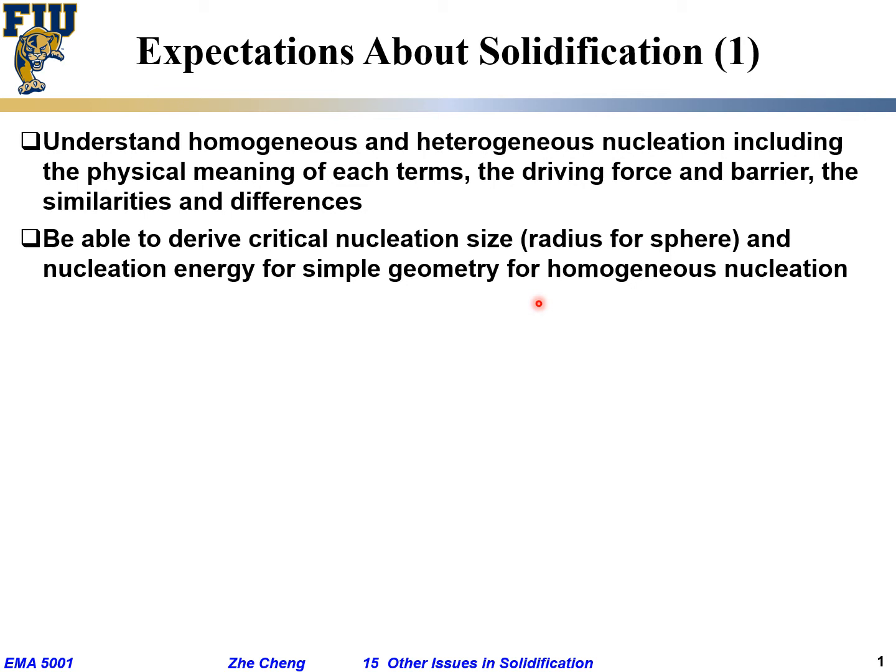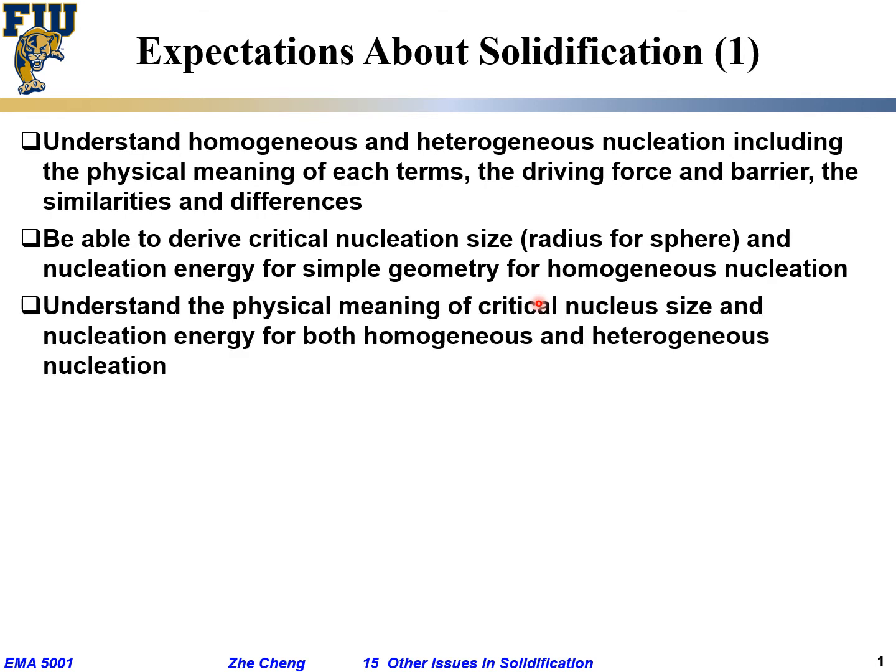You take the first derivative of the free energy change with respect to the critical dimension, for example, the radius. I also expect the students to understand the physical meaning of critical nuclear size, the critical nucleation energy or nucleation barrier for both homogeneous and heterogeneous nucleation.